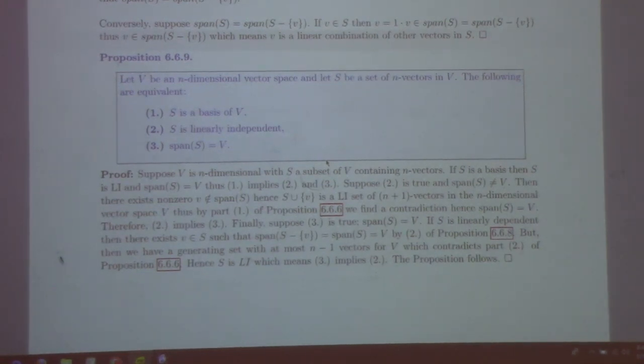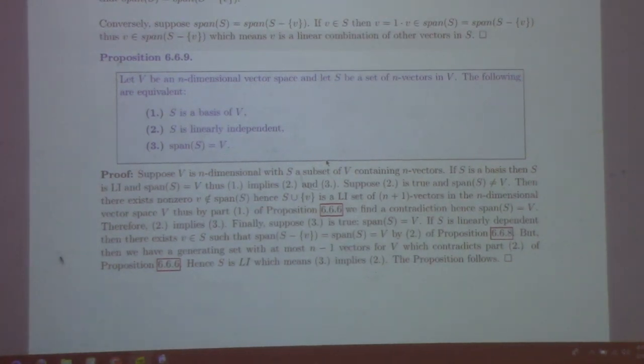On the other hand, if it spans, it's automatically linearly independent. But context is so important here. If you don't know that your vector space has dimension n, you can't use this proposition. So it comes with strings attached. But often those strings are attached and we already know them. Let me show you an example.